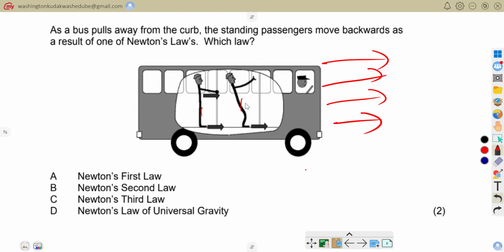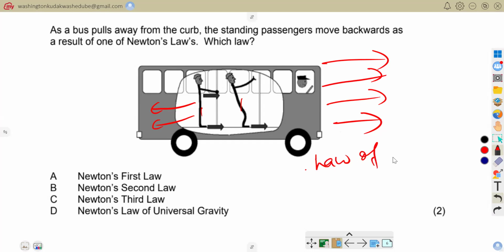That is the one that would make these passengers, when the bus pulls away, move backwards. Why? Because initially they were at rest and there is a sudden change in motion. That sudden change in motion suffers a resistance due to inertia. And the law that describes inertia is what we call the law of inertia.